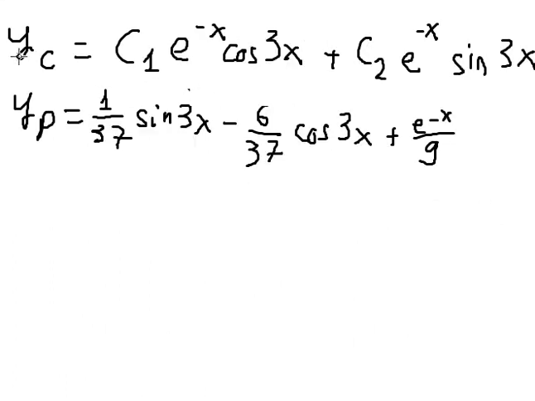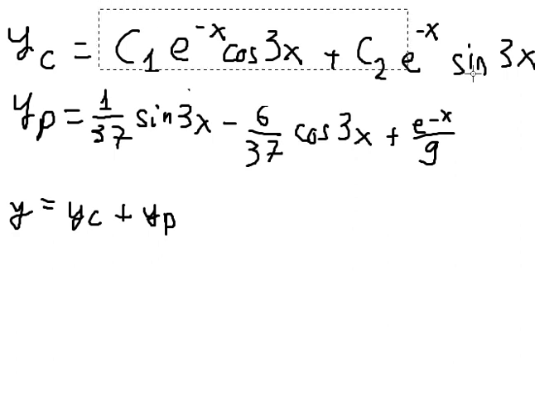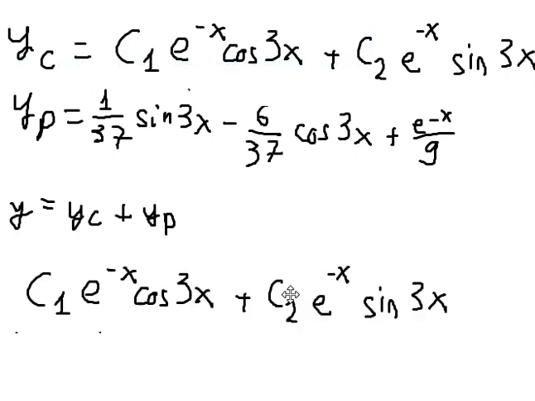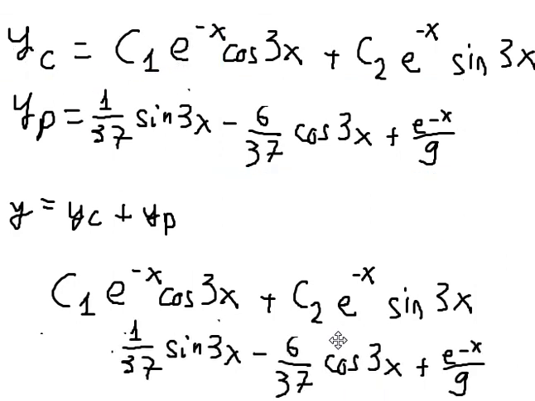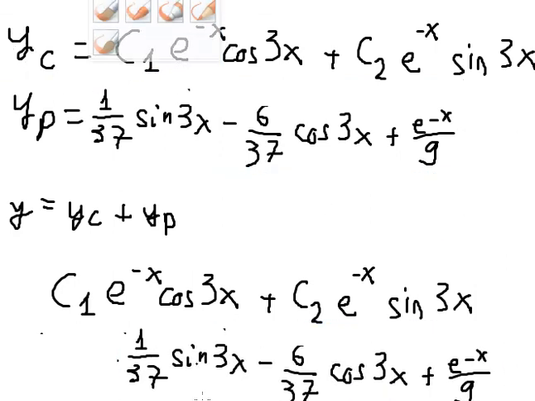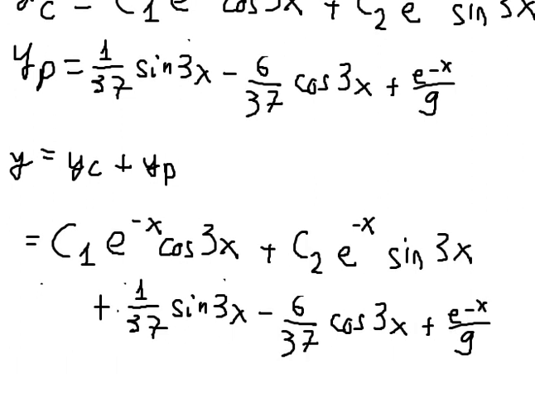After you got yc and yp, you can write y, that's yc plus yp. So yc is this one, and yp is this one. And we have the final answer. This is the end. Thank you for watching.